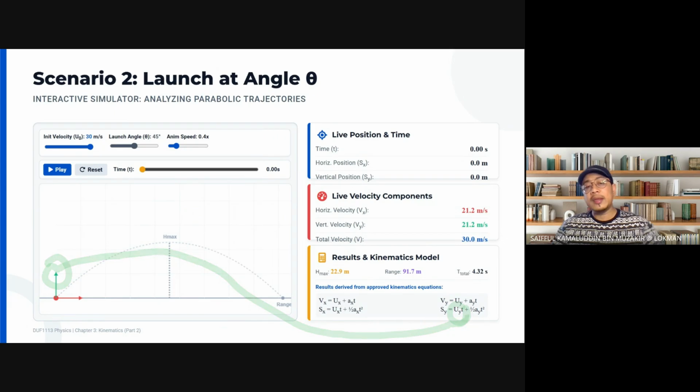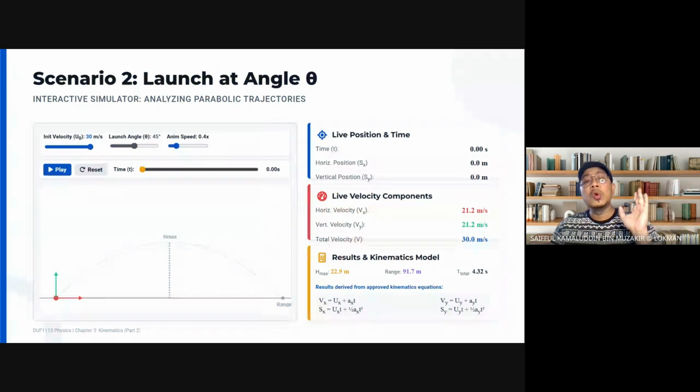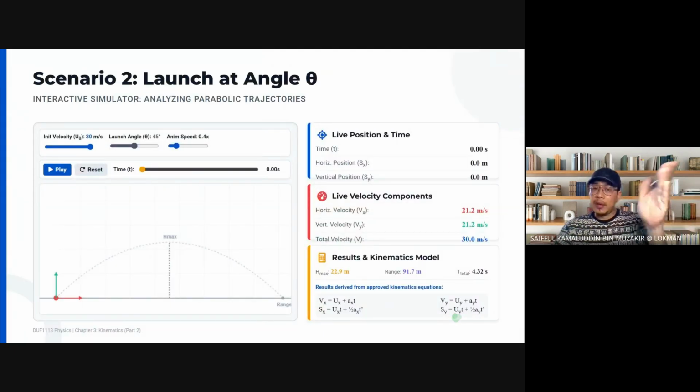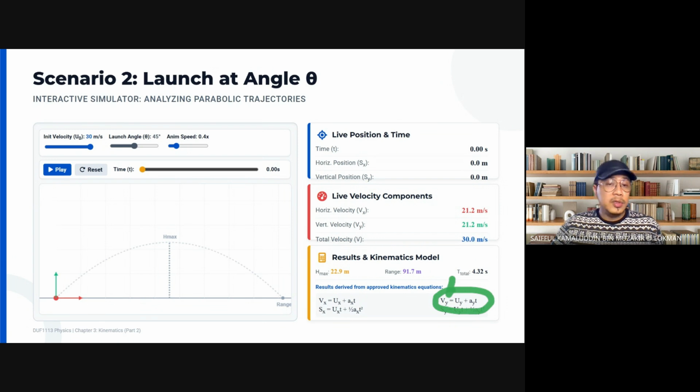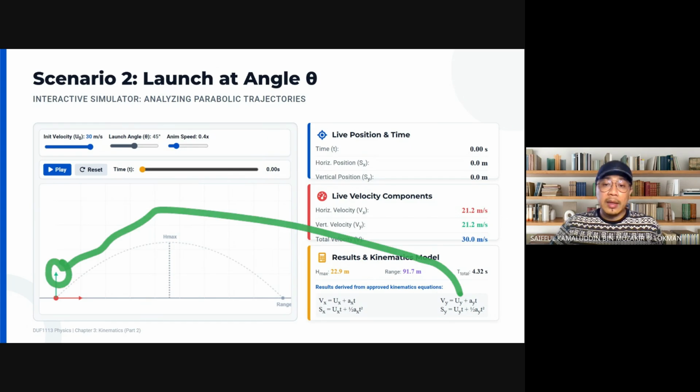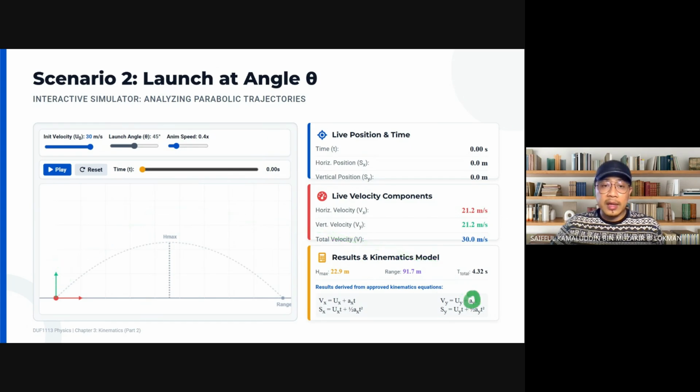Put in whatever UY you have calculated before: UY equals U sin theta. Put it in here. T depends on the time taken. If the time is not given, then you need to find the time first. Maybe you could use VY equals UY plus AY T. VY equals 0, and you have UY, and AY will be our gravitational acceleration, negative 9.81 meters per second squared.